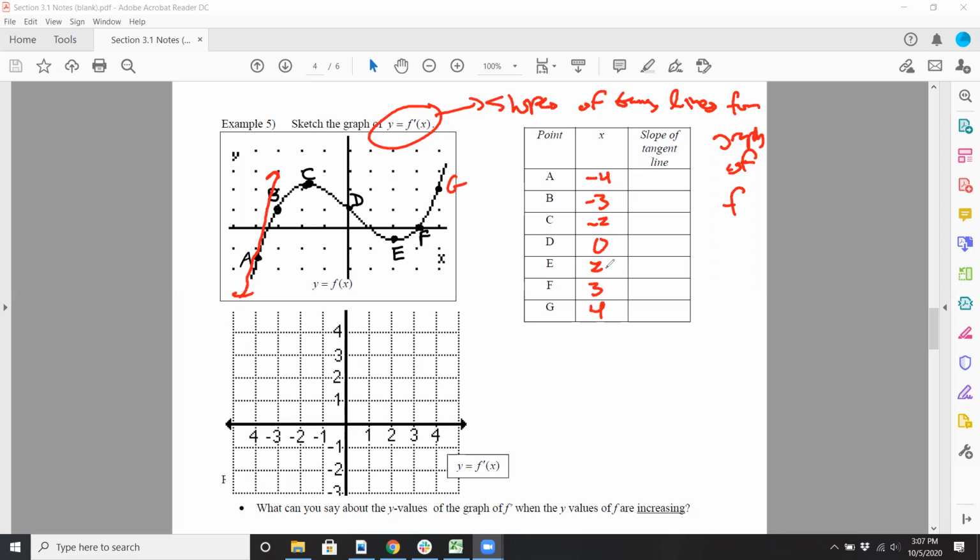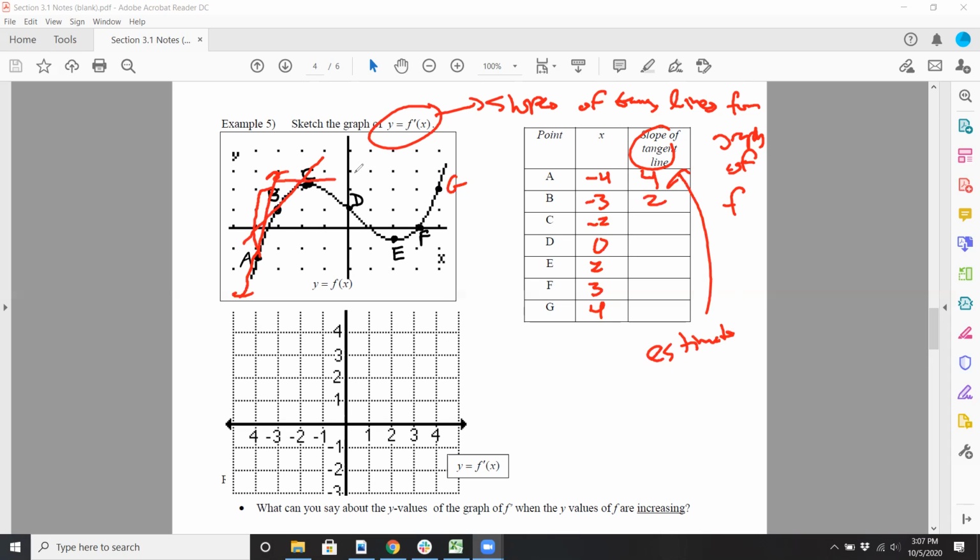Then what we're going to do is find the slope of the tangent lines at each of those points. Again, these are going to be estimates, just so you know. The first one definitely looks like a positive slope, maybe up 4 over 1. At negative 3, it's not as steep, we'll probably say about 2.